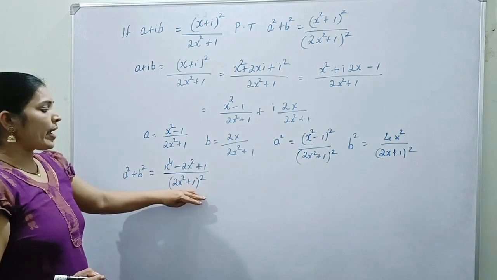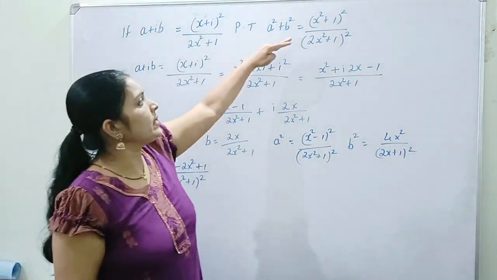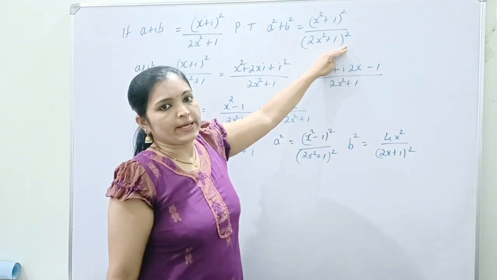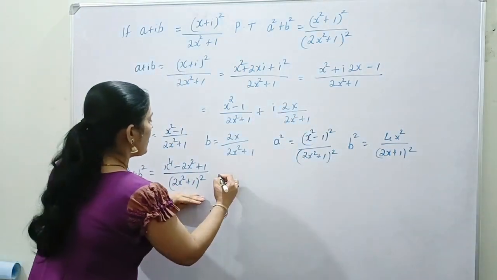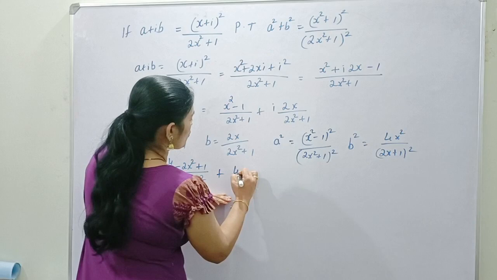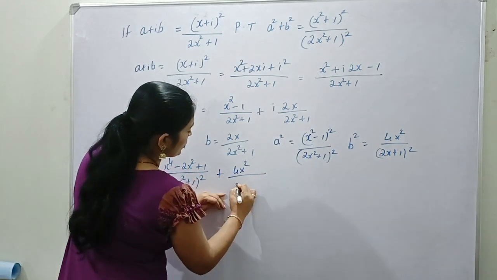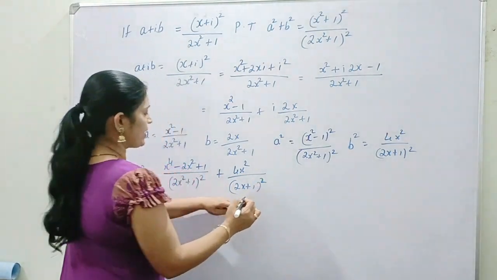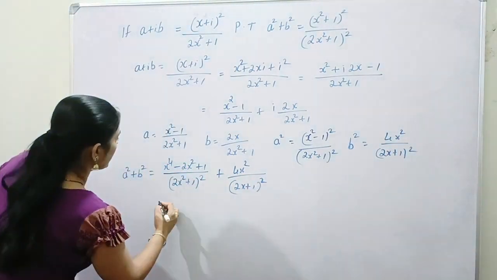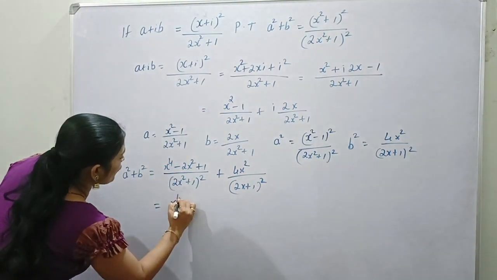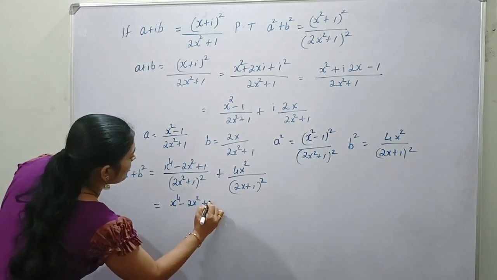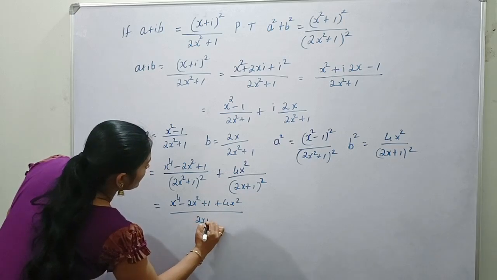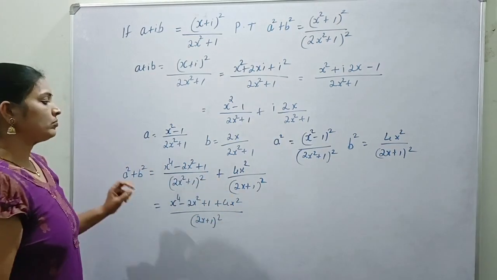No need to expand this one, because on the RHS (2x square plus 1) whole square is there. Next plus 4x square divided by (2x square plus 1) whole square. See, denominators are same, therefore we can add directly, that is x raised to 4 minus 2x square plus 1 plus 4x square divided by (2x square plus 1) whole square.